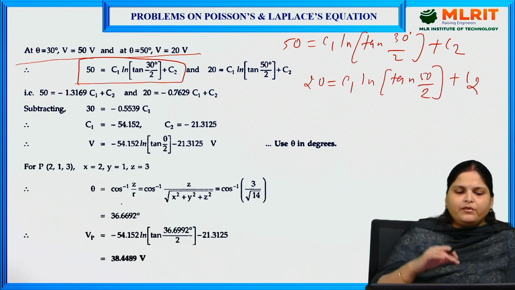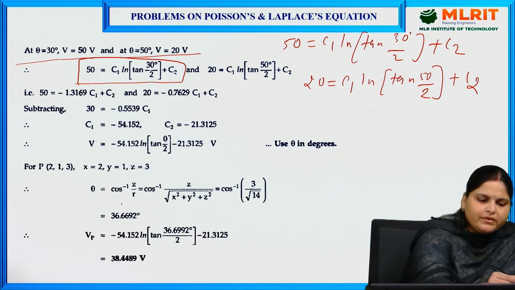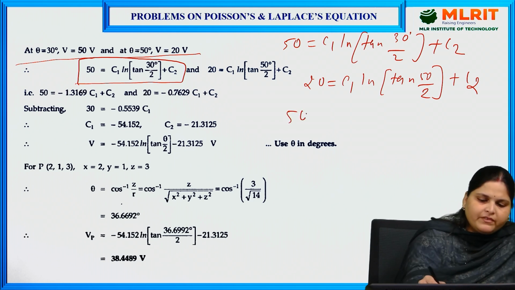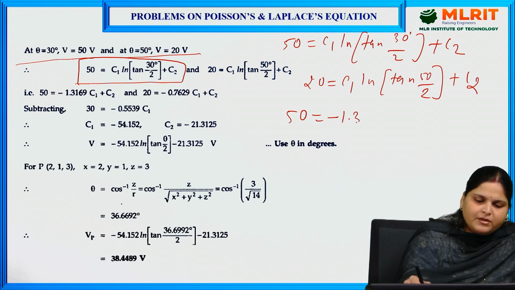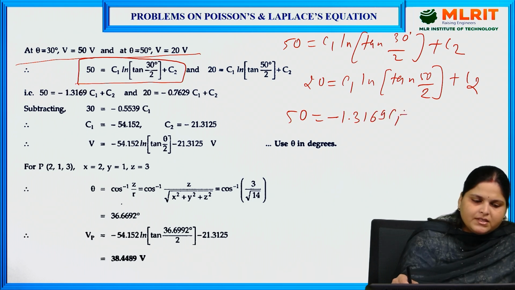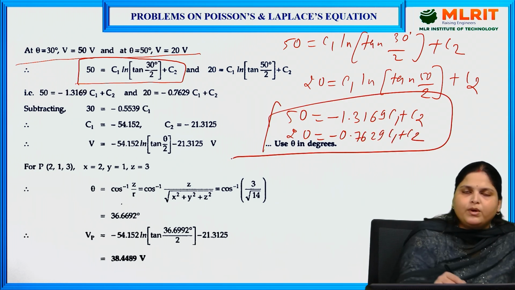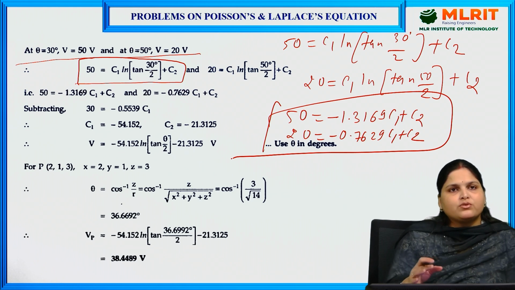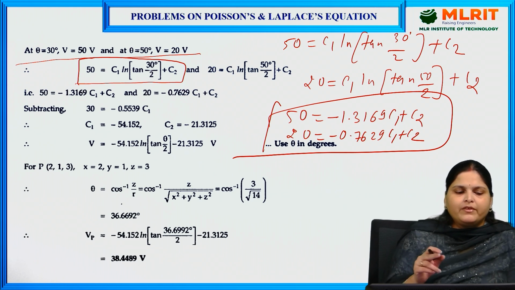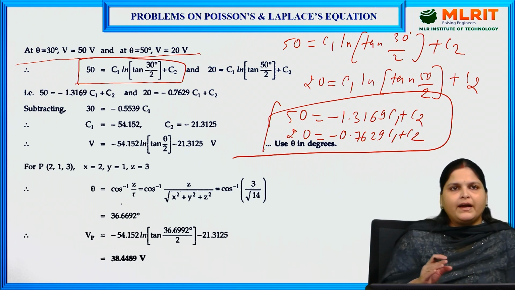The first equation becomes 50 equals minus 1.3169 C1 plus C2, and the second becomes 20 equals minus 0.7629 C1 plus C2. Now we have two unknowns and two equations. When we solve them, we will find the values of C1 and C2.